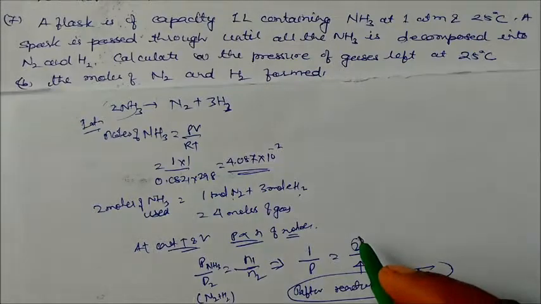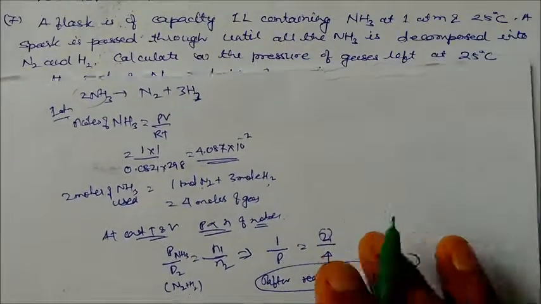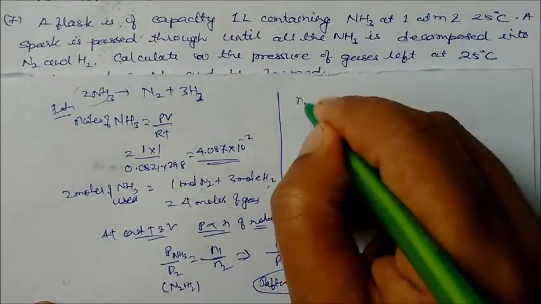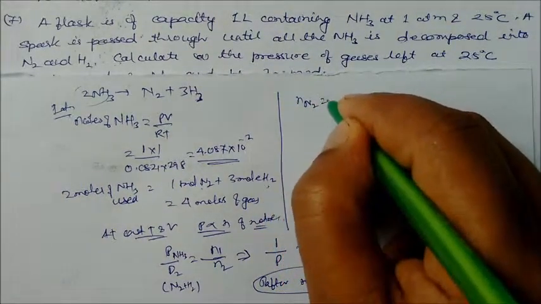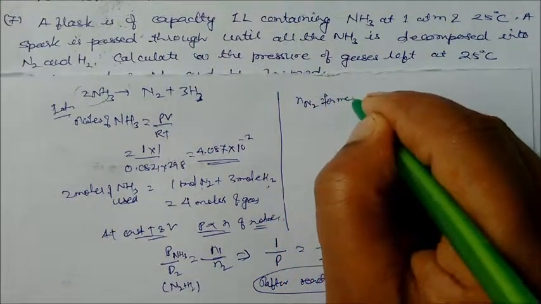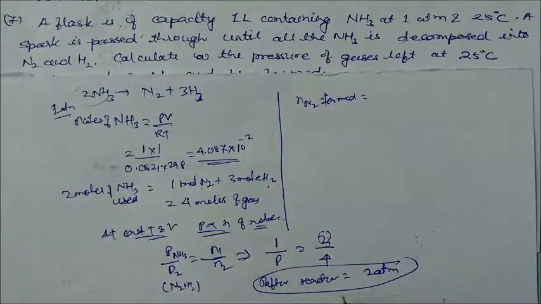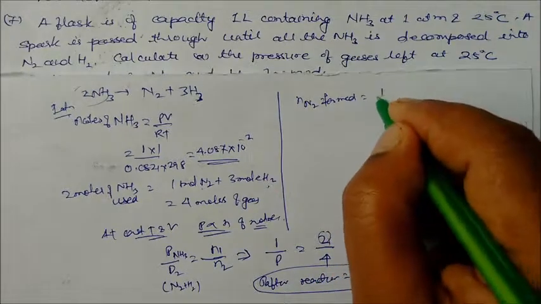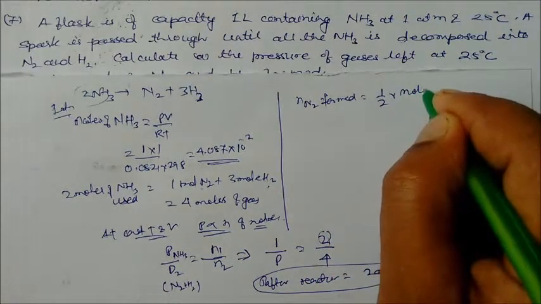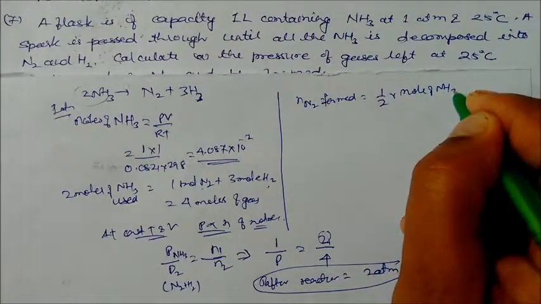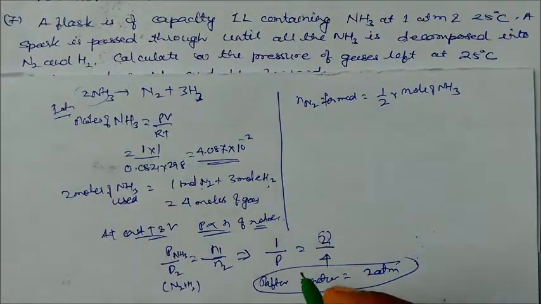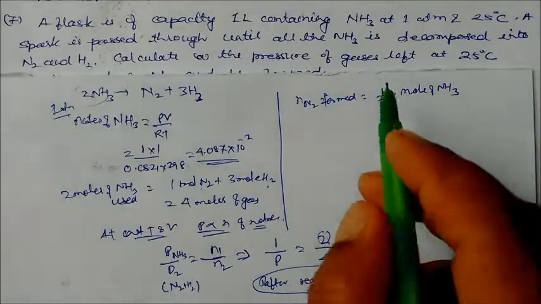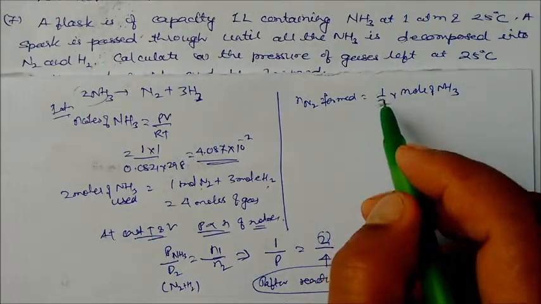Now we have to find the moles of nitrogen formed. This is the mole fraction. Initial pressure was 1, final 2, so 1 by 2 into moles of ammonia.